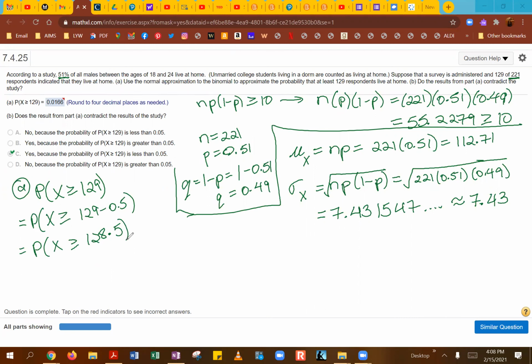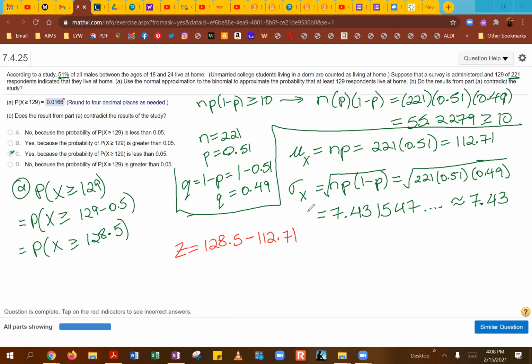Okay. So now that you're calculating your probability, remember you use the formula, and I guess I'm going to change it. Here's Z equals our data value, which is 128.5, minus the mean, which will be 112.71.